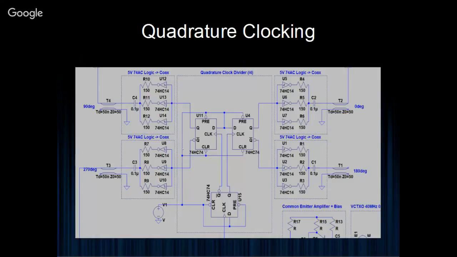So when you terminate the coax, you've got a 50 ohm resistive termination. And when launching into coax from logic, you need to ensure that you don't present a short to the logic gate, because at high frequencies, effectively, that's what a coax line is, a short on the logic.